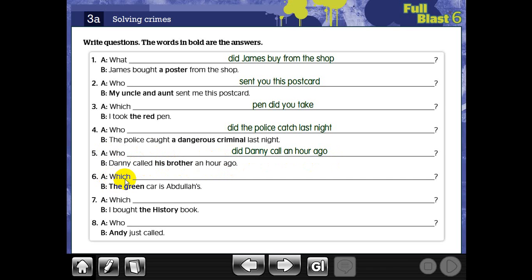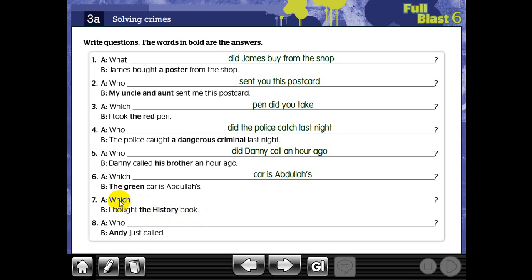Number 6. Which? The green car is Abdullah's. Yes, the green car is subject, so I omit it and write the whole sentence. So, which car is Abdullah's? Number 7. Which? I bought the history book. Here the history book is object, so I make the question for the object. Which?